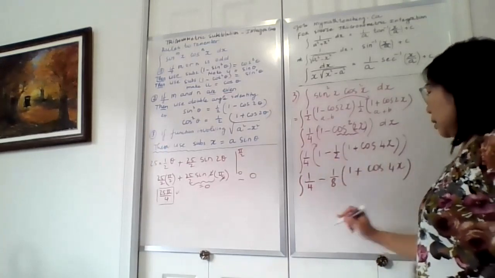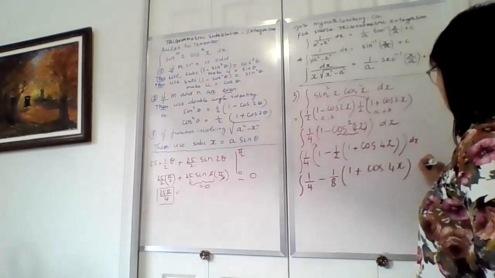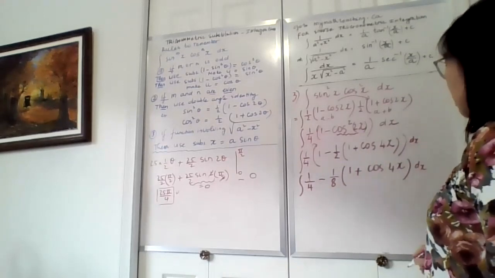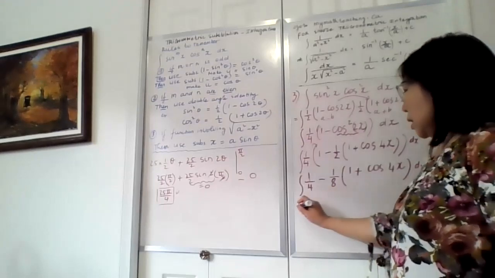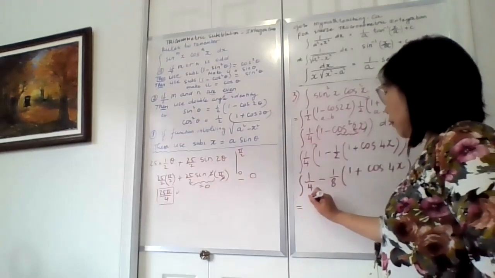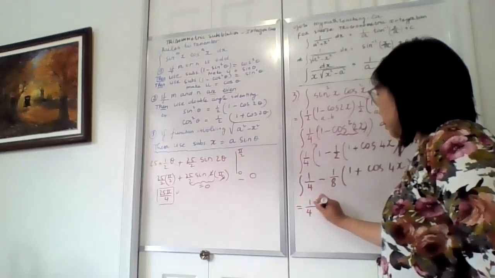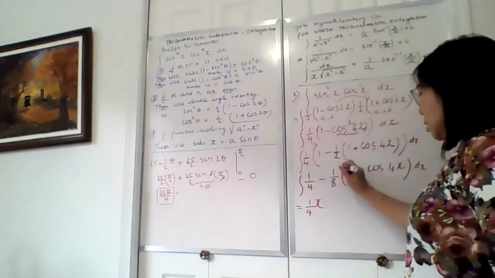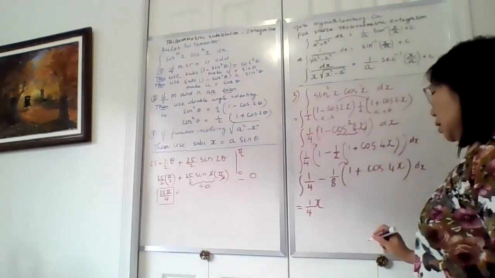Okay, so now we're going to say that this is dx and this is dx. So now we're going to integrate this. At this level, we can integrate it. So take it outside, 1/4 becomes 1/4 x, right? And this we have to multiply back before we take it outside.